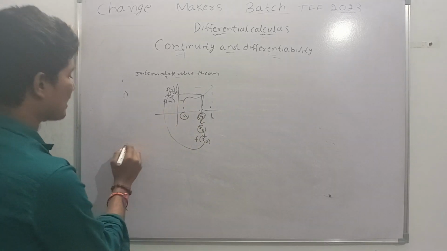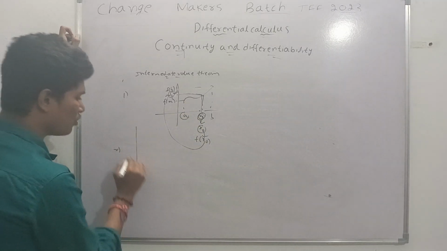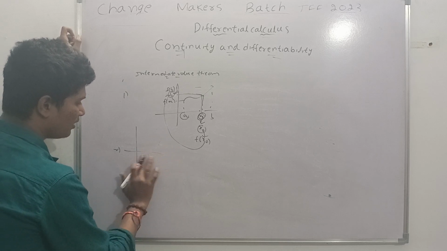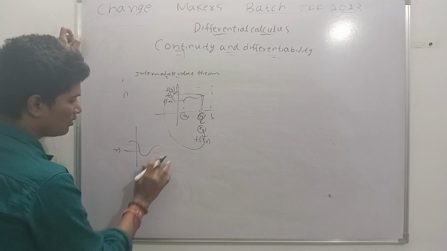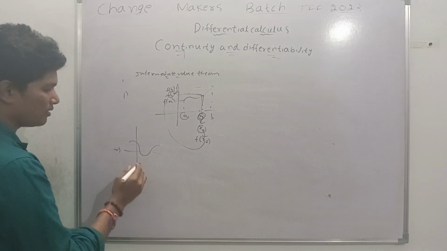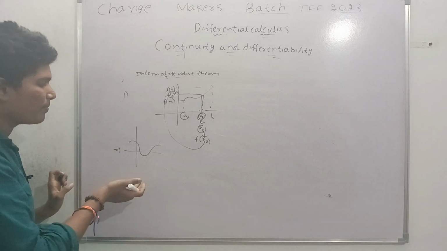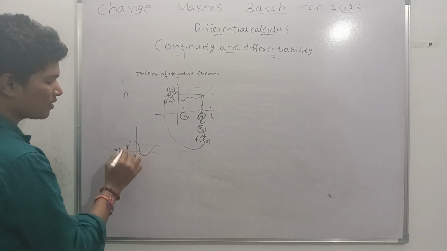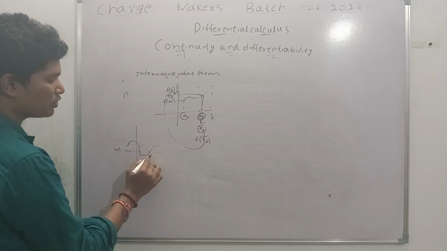And there is an application for the intermediate value theorem. Suppose we see this graph. Suppose this is 1, and this is 2.